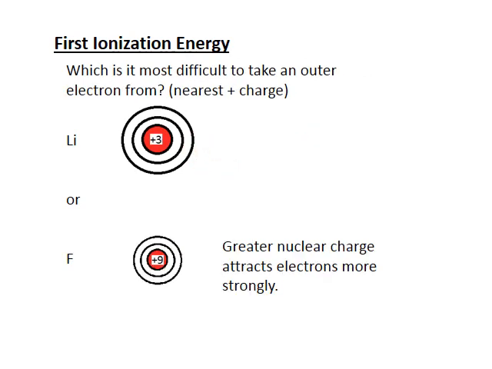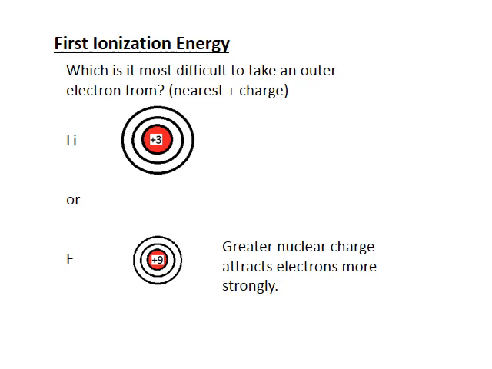Okay. So let's see, when we look within a period, so when I compare lithium and fluorine, which are in the same row of the periodic table, there's a couple of factors to consider. It's both size, so taking an electron from close to the nucleus is going to be more difficult than taking an electron far away from the nucleus.